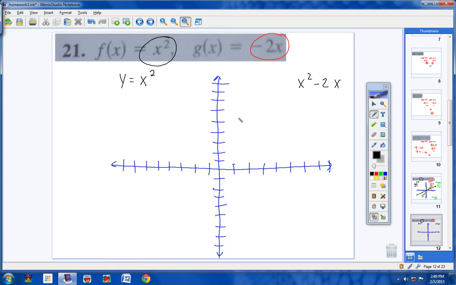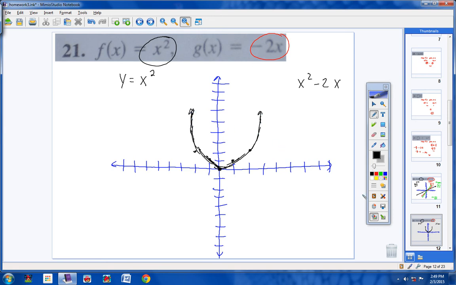We're going to start off with 0, 0, 1, 1, negative 1, 1, 2, 2, negative 2, 2, and hopefully you get the idea. It's a parabola, and it will look something like this. Guys, you really should start learning to recognize these functions, okay? You should know that a quadratic is going to give you a parabola, okay?